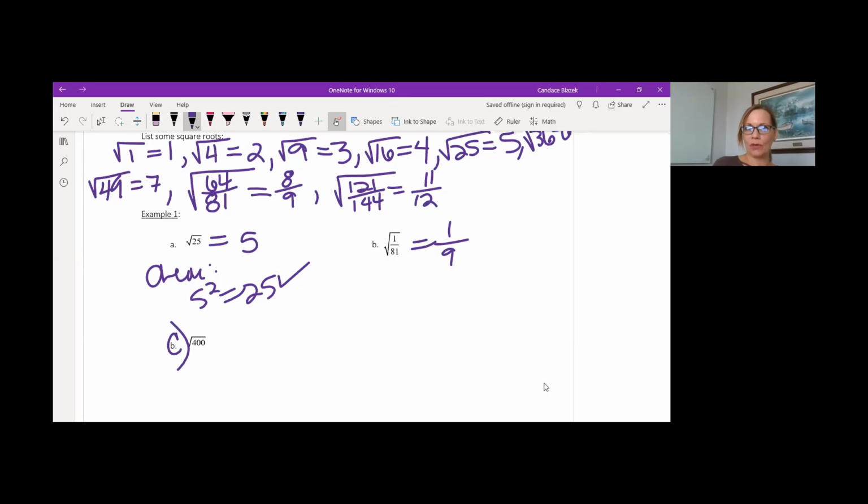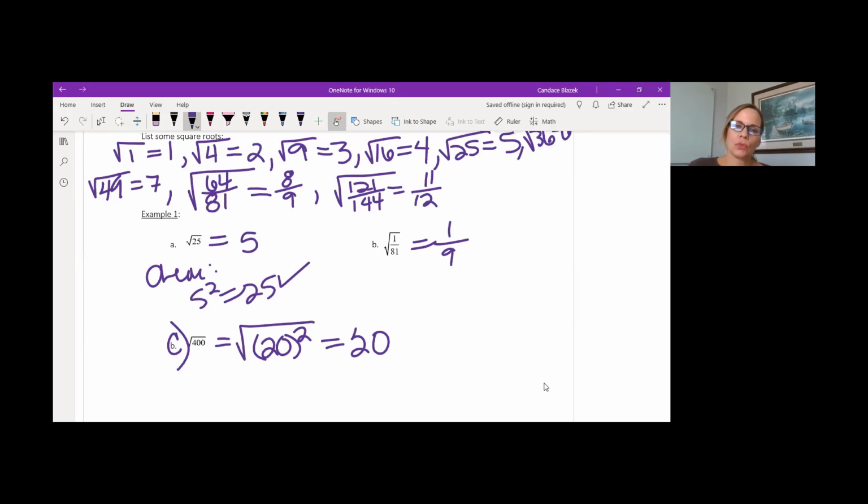All right, the other B, I guess this should be a C here. The square root of 400. Okay, these numbers are getting pretty big. But when I start thinking about this number though, the square root of 400, well, 400 is 20 squared. Well, the square root of 20 squared is 20 because it's equal to what squared gives you that number.